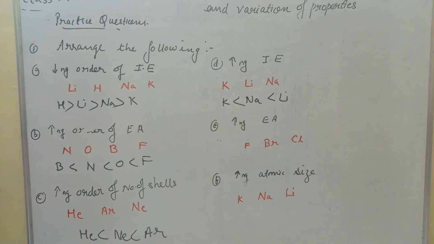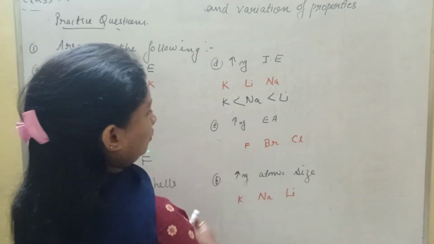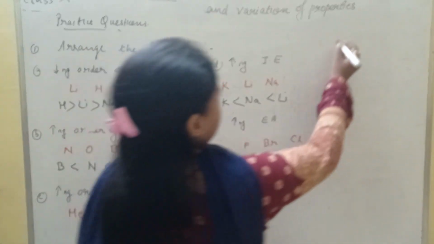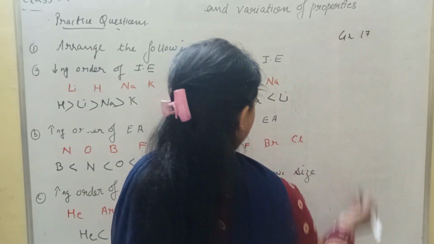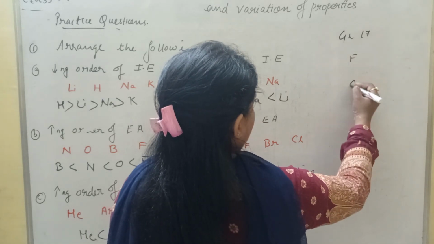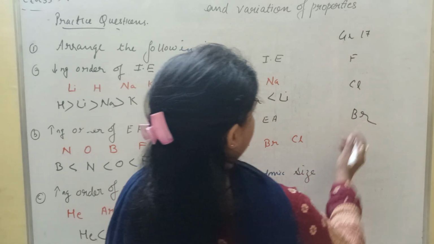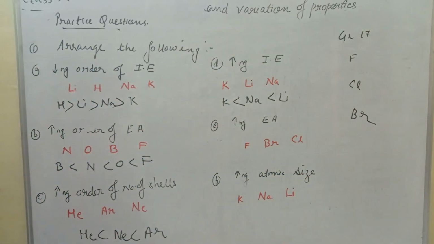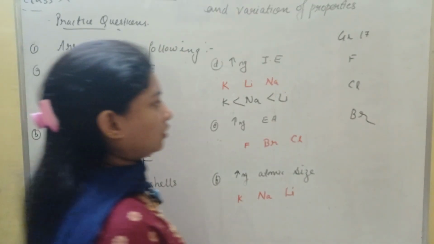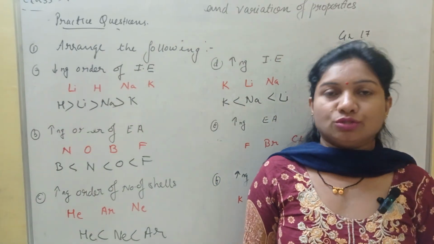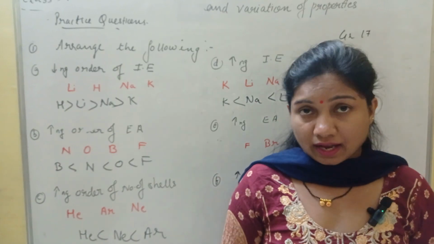Next is increasing electron affinity. So who is having the maximum tendency to accept the electron in this case? Fluorine, chlorine, bromine. They are 17 group elements. We know that as we move down the group, the value of electron affinity decreases due to increase in the size of the atom.